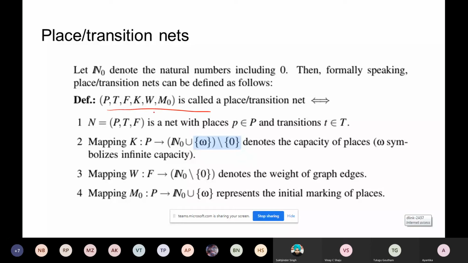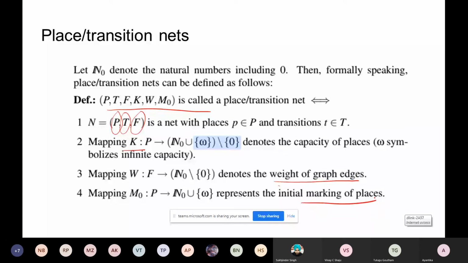This is a tuple, you can think. This is a net where we have places, transitions, and flow relations that we have already talked about. Other than that, we are adding another extra feature that is called the capacity. Also, we are adding weights of the graph edges, and we have some initial marking of places.